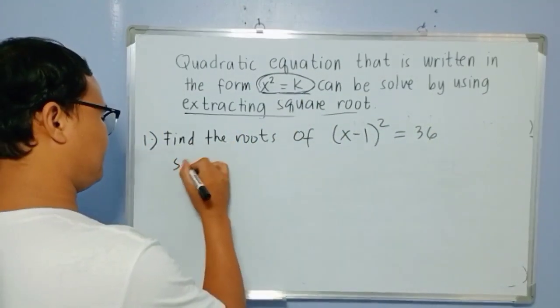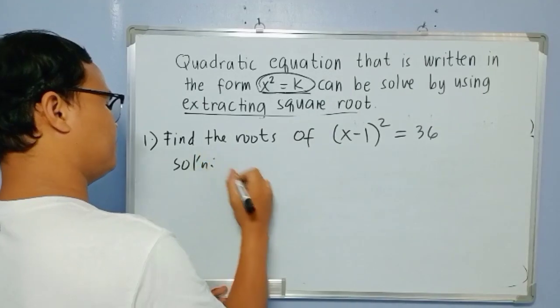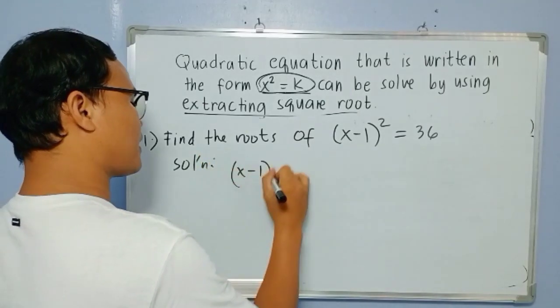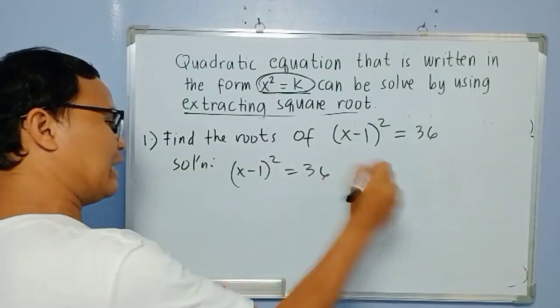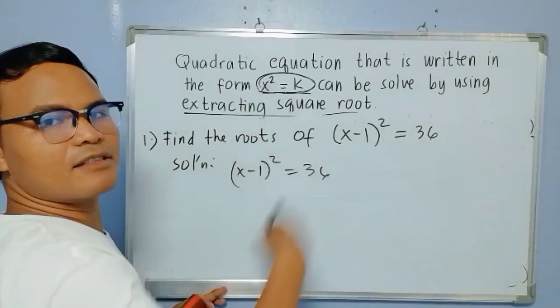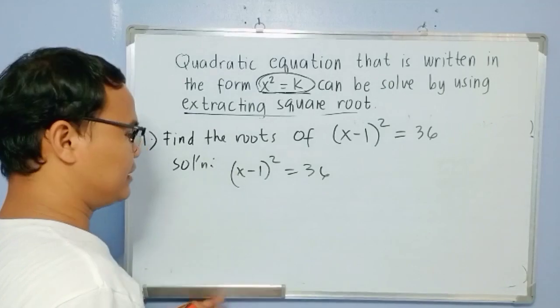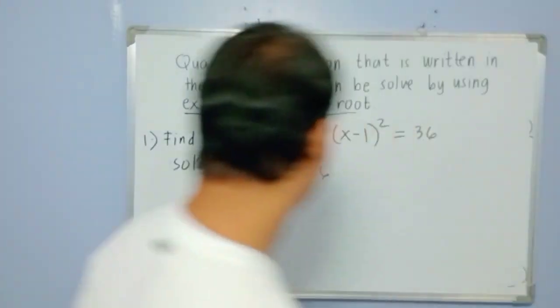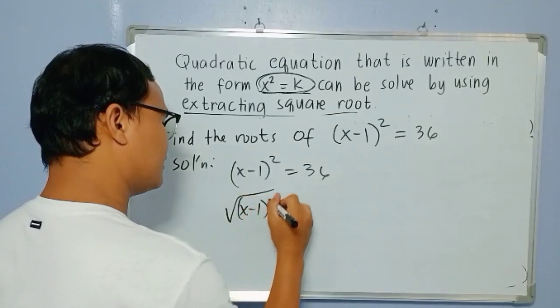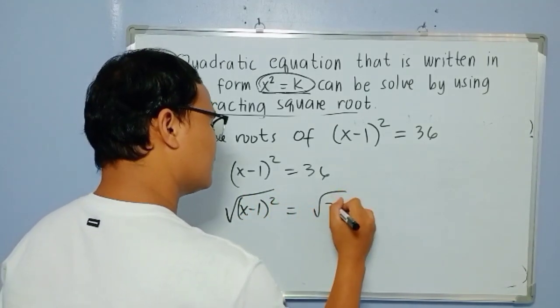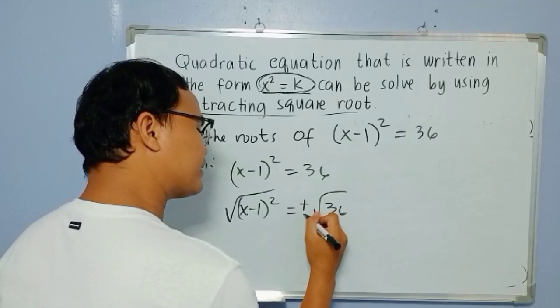Solution. (x minus 1) quantity squared equals 36. So, gagawin natin dito is mag-extract ng square root both sides. Extract square root both sides, equals, do not forget to put positive negative.